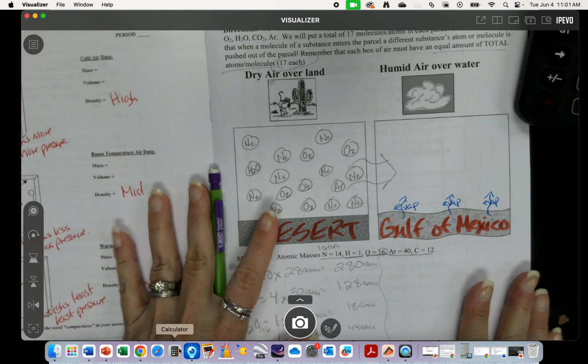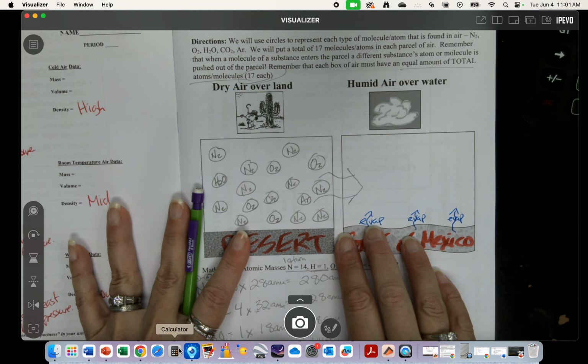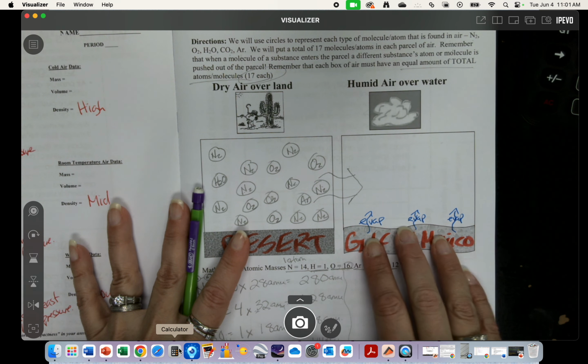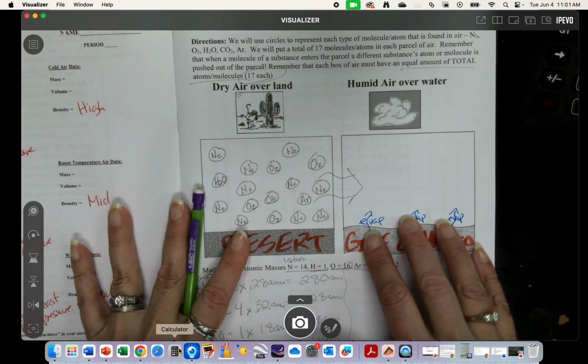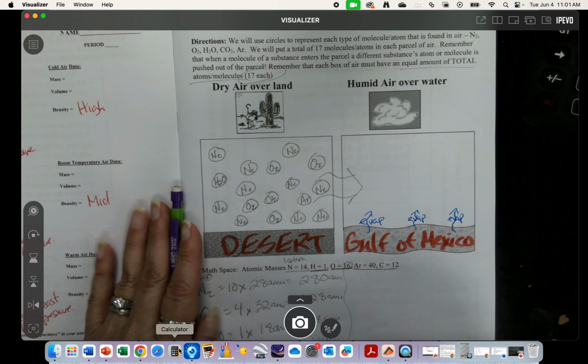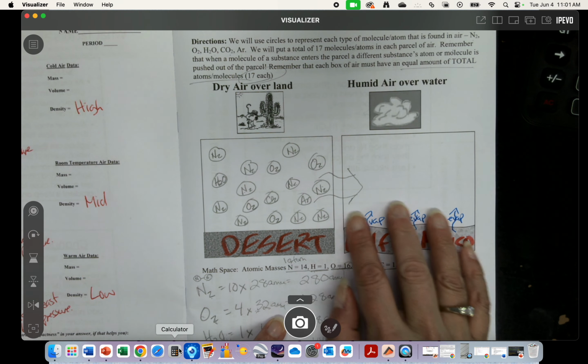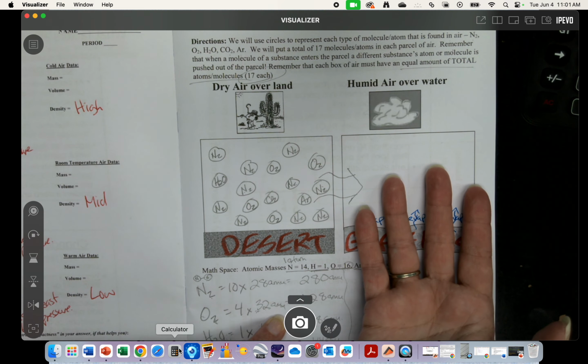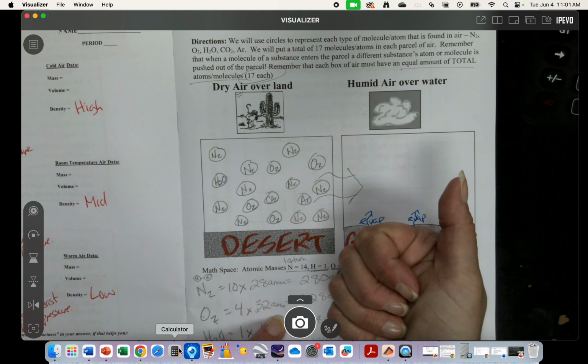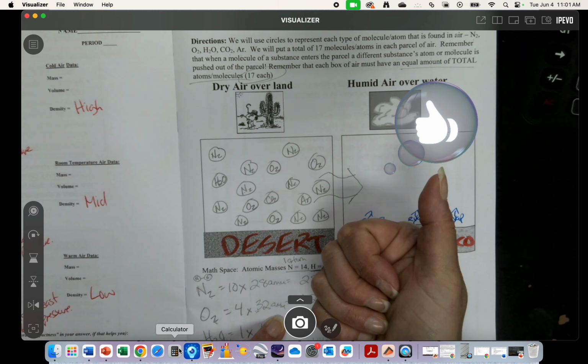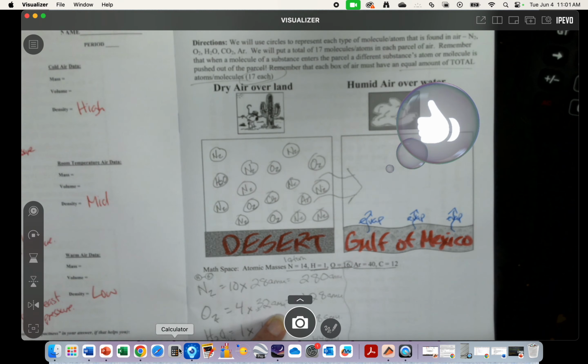Evaporation. So now, this water that's in the liquid phase will evaporate into water vapor. And every time a molecule of water vapor goes into the parcel, another molecule that's already there is going to get booted out of the parcel.